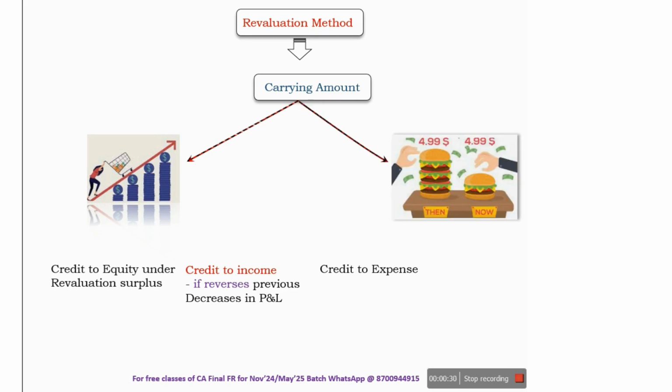In the reverse case, if the value of the asset has decreased as a result of revaluation, the decrease shall be recognized in P&L. However, the decrease shall be recognized in OCI to the extent of any credit balance available in respect of that reserve.